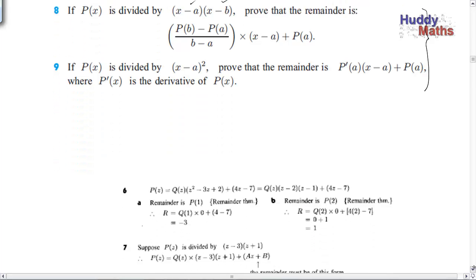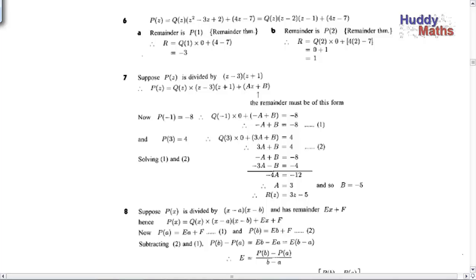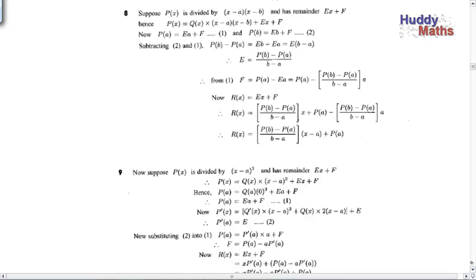Coming down, let's have a look at questions 6 and 7. And then question 8 and a bit of question 9. There's question 8 there. Interesting little one, you've got to shuffle some terms around up here. And it's a little bit of algebra, more than polynomial understanding of how to shuffle the terms around so you can solve.